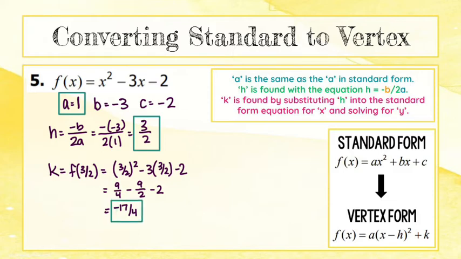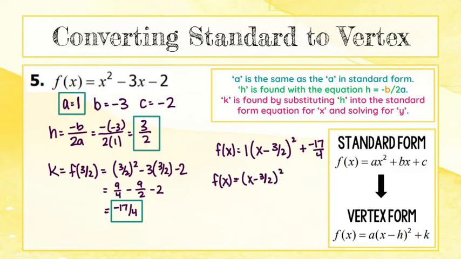So now we're just going to go through and plug these in where they belong. So f of x equals a, which is 1, times x minus h. So h is 3/2 squared plus k. All right, and then whenever we write it in its most simple form, we leave out that 1.